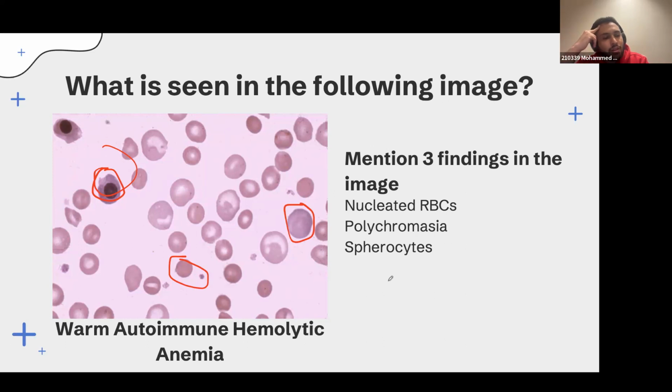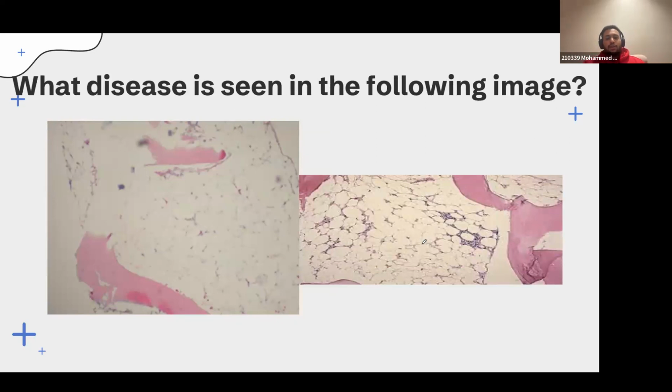Yes. Why? Perfect. Good. MashaAllah, guys. Spherocytes. Okay, that's an important thing to look into. You see spherocytes, what's it called? Osmotic fragility test will be positive. Good. Now, can you tell me what disease are we looking at?